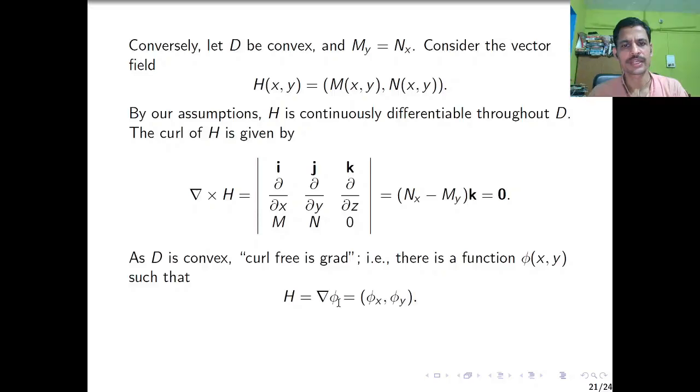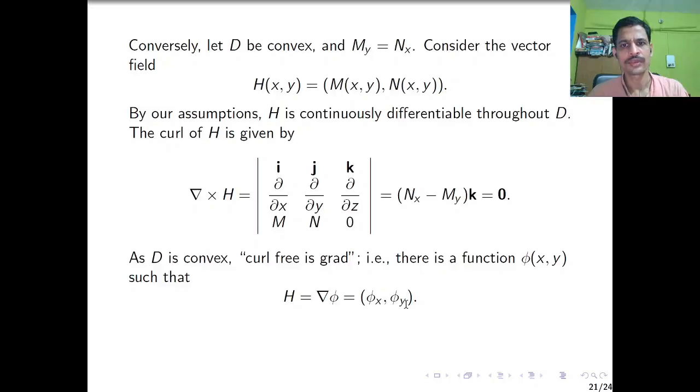So what is meant by the gradient of this phi? It means that the gradient of phi is an ordered pair where the first entry is the partial derivative of phi with respect to x and the second entry is the partial derivative of phi with respect to y. That means h can be written as the partial derivative of phi with respect to x, comma, the partial derivative of phi with respect to y.